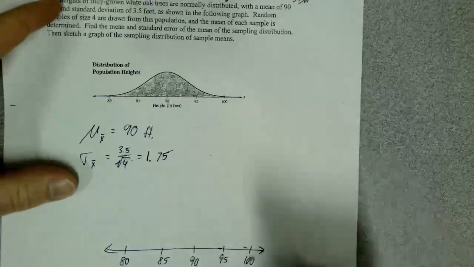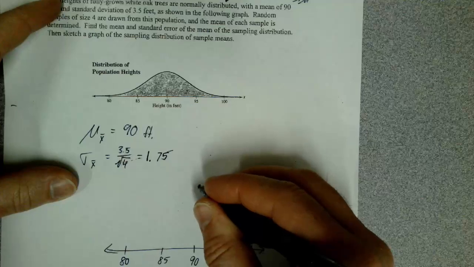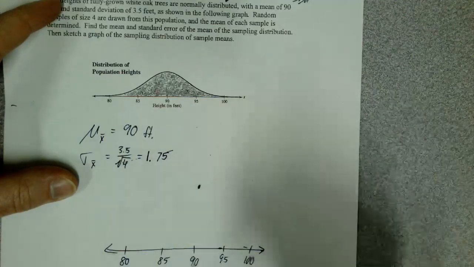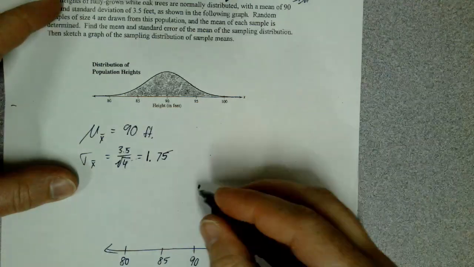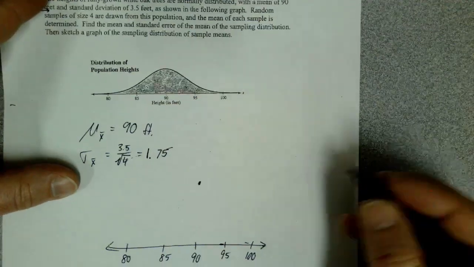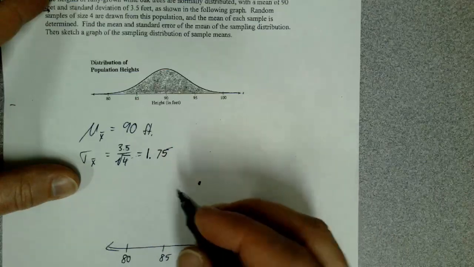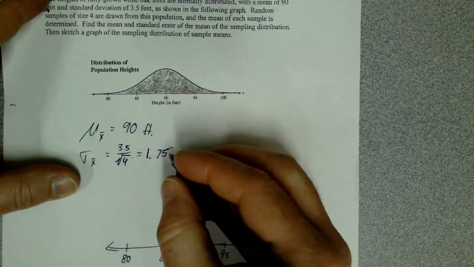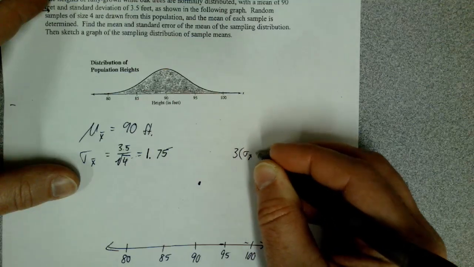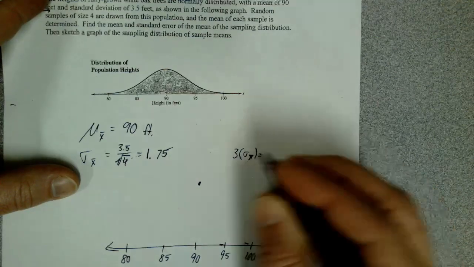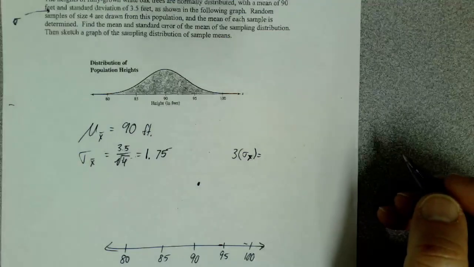Then my highest point is going to be at that mean, so I'm going to put a high point here at 90. How high you put it doesn't really matter as long as it's the highest one on there, so I'm going to just throw it on there. And then I want 3 standard errors either way. So this is 1 standard error, so 3 standard errors. It's going to be taking that and multiplying by 3, right?